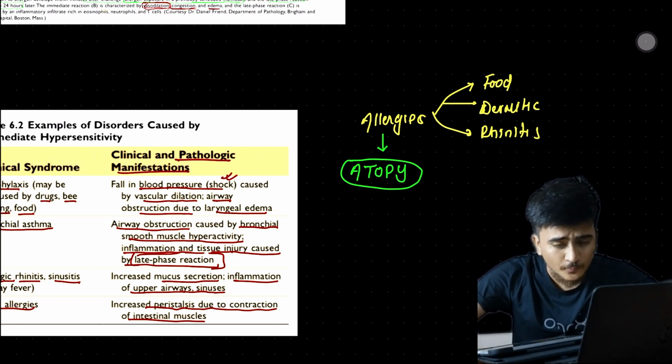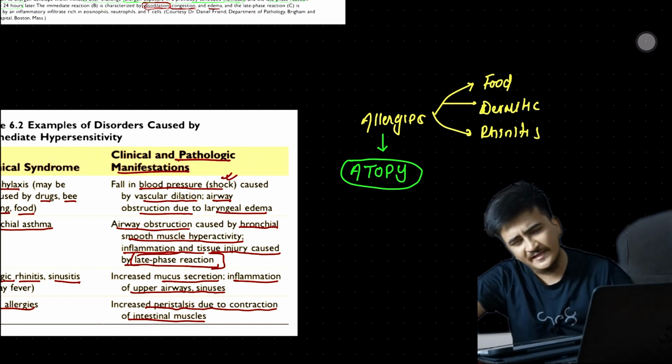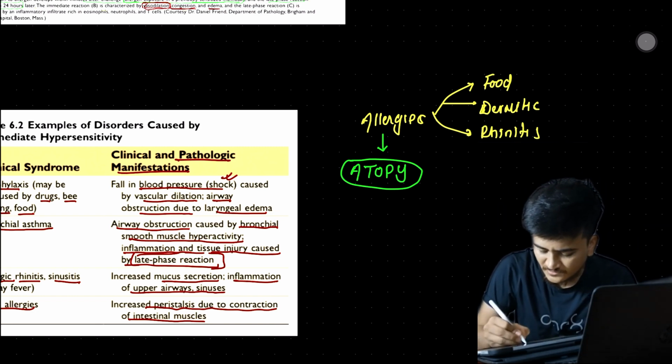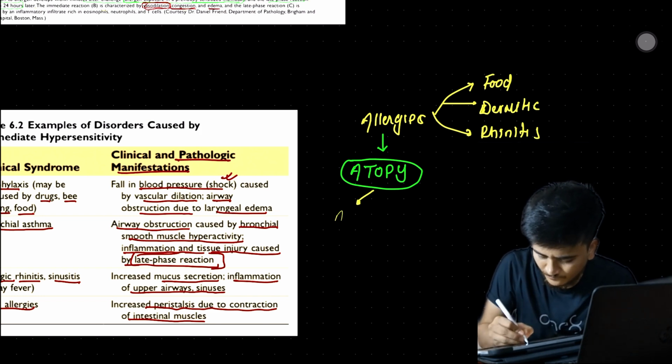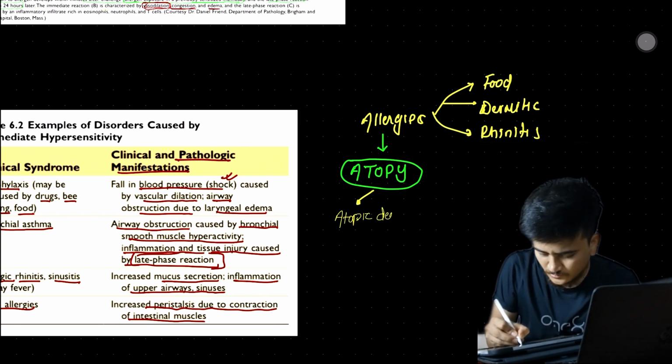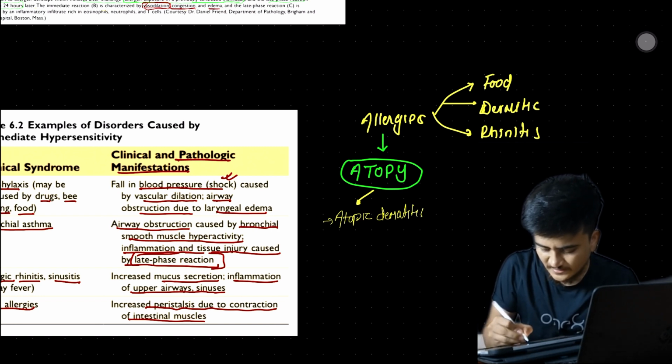And the various types of atopy that we can see are atopic dermatitis and atopic rhinitis.